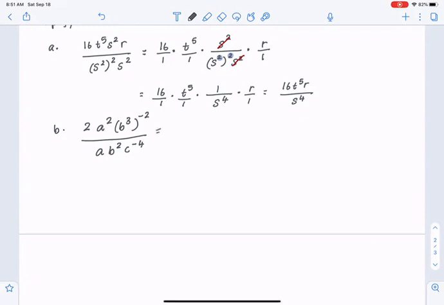So here we don't need product rule at all.